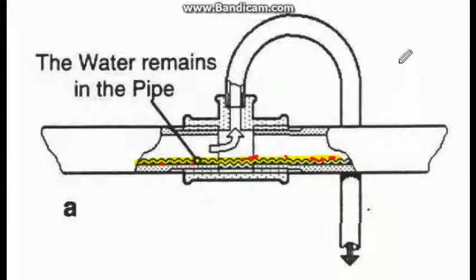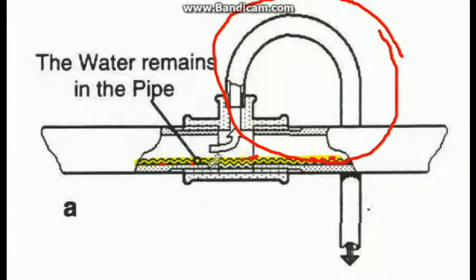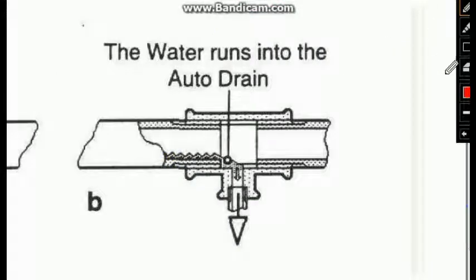Branch lines are taken off the top of the main to prevent water in the main pipe from running into them. Unlike drainage tubes, which are taken from the bottom of the main pipe at each low point, these can be frequently drained or fitted with an automatic drain.